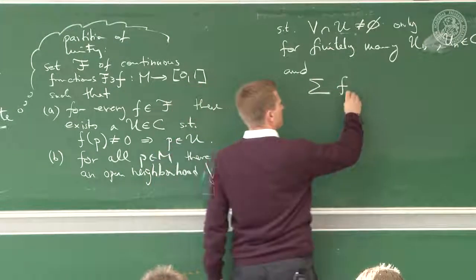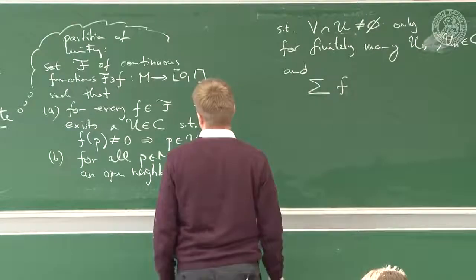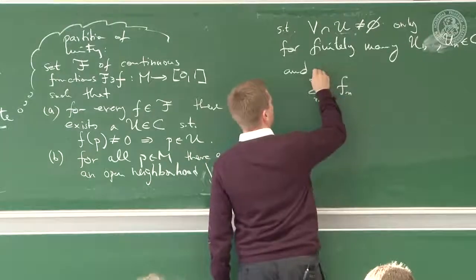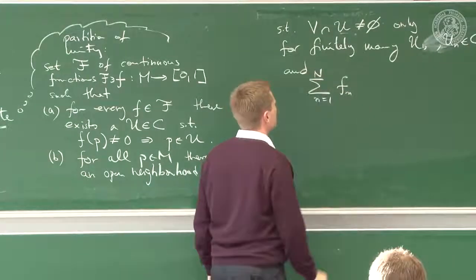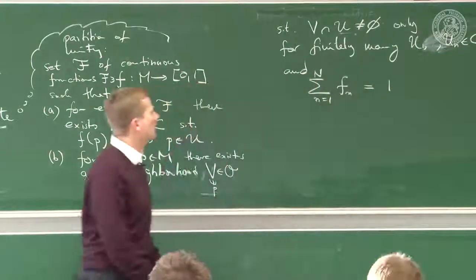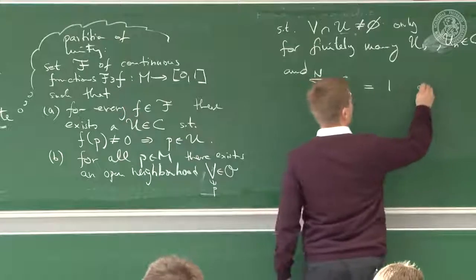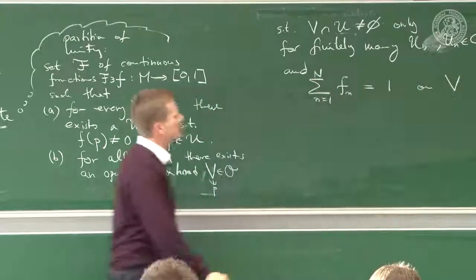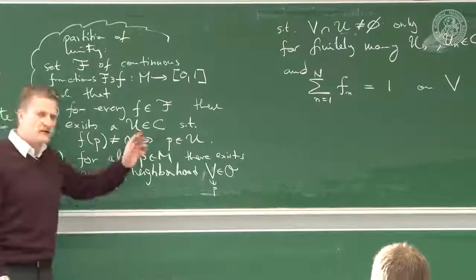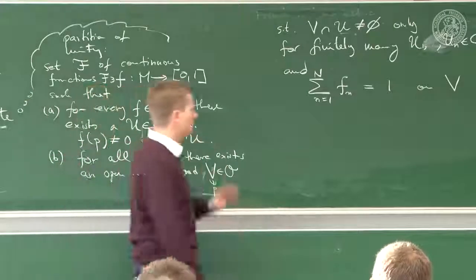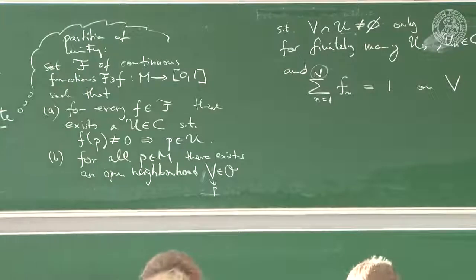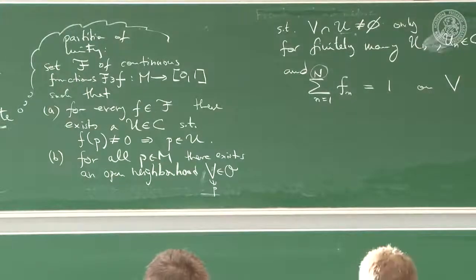And then you can look at the corresponding f_n, and there are only finitely many n, and you require that on V they always sum up to 1. And that's the partition of unity. And the whole business with the finiteness is there in order to have a finite sum instead.